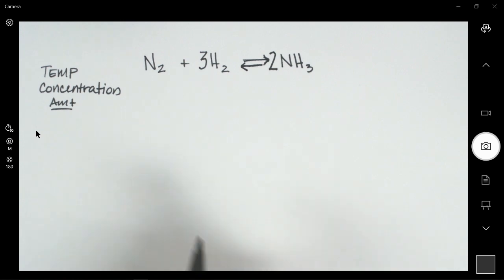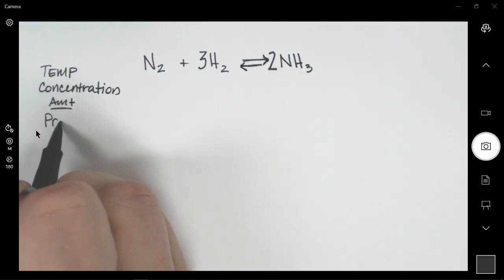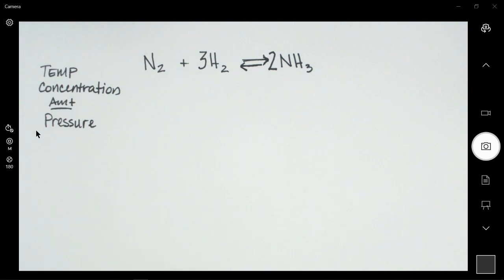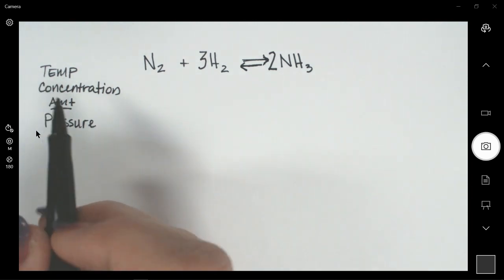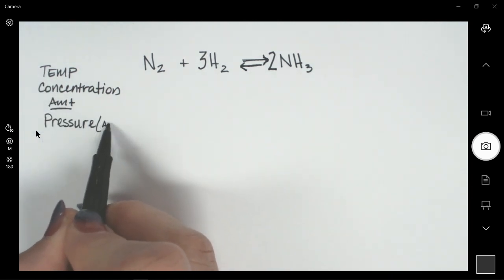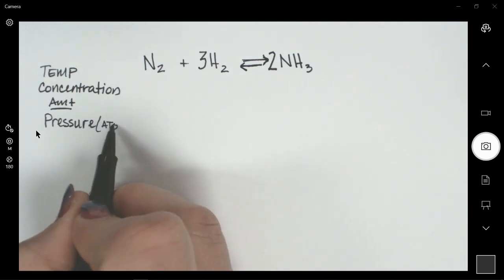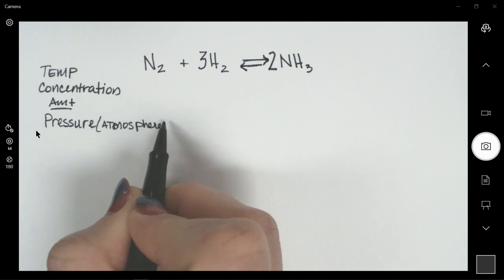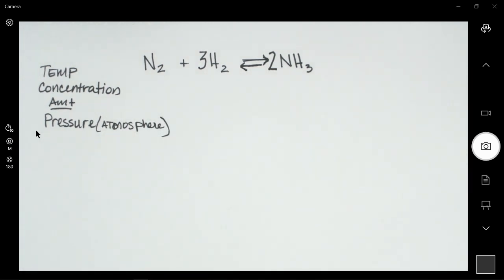Concentration, temperature, pressure. Well, that's easy to remember when it has to do with stress. And this, I'm talking atmospheric pressure. The weight of the atmosphere on the chemicals that are reactive.